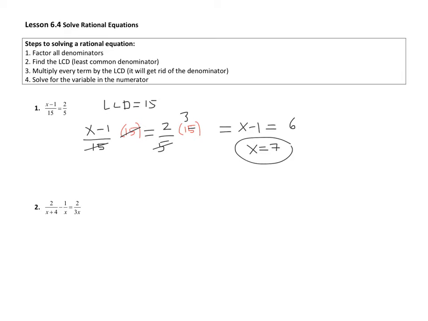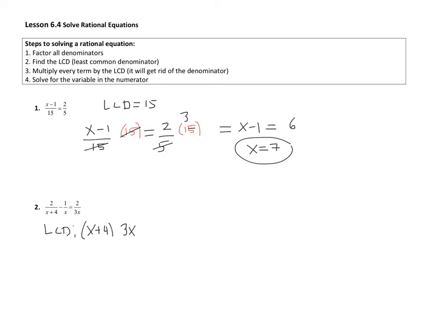So we go to the next one, the LCD. So the LCD is going to be x plus 4, because that's unique. What else is unique? x is unique, and then 3, so I'll use 3x. So I'm going to multiply everything by the LCD.